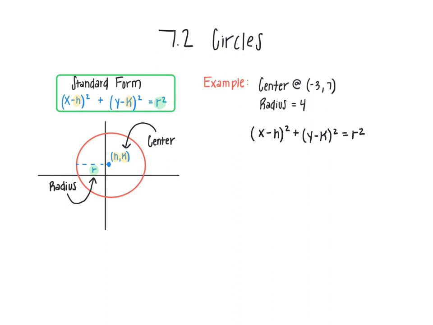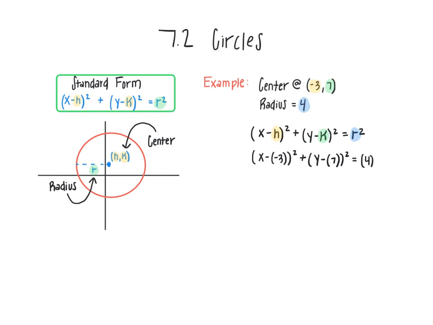And so using the information that we just went over, we know that h will be negative 3 and k will be 7. So this becomes x minus negative 3 squared plus y minus 7 squared is equal to, and we know that the radius is 4.